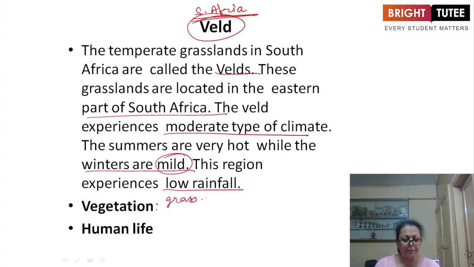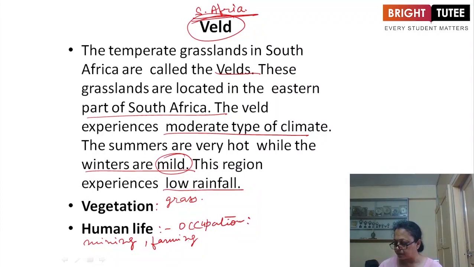The main occupations of the people living in this region are mining, farming and cattle rearing.